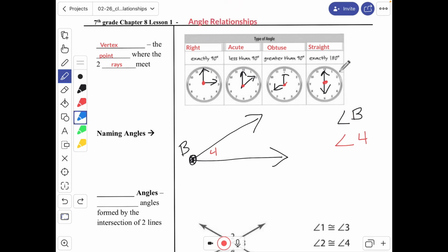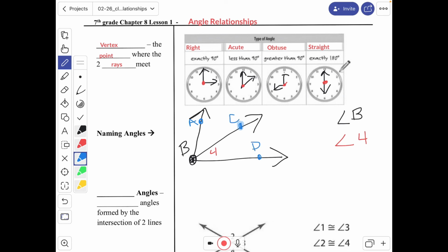And sometimes they have dots on the rays. And they do that because there might be other rays, like there could be another one right here. And we wouldn't want to name that angle B because I wouldn't know which angle you were talking about. See, there's 2 angles now. So we name them with 3 letters.